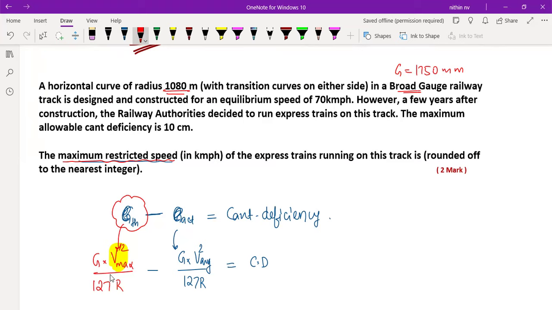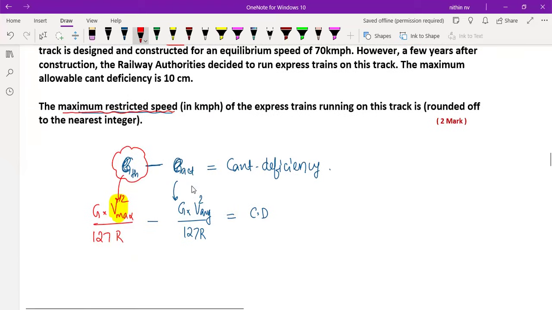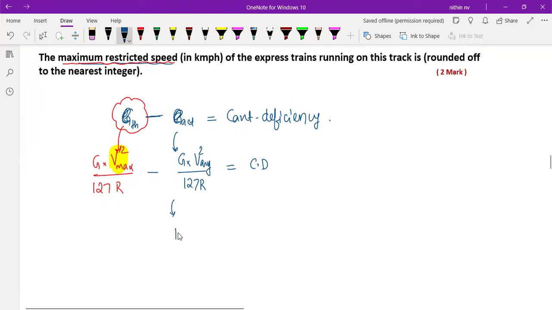Okay. Now coming back to the equation, to calculate the equilibrium superelevation, they have already given the data in the question, so that we can directly substitute and calculate it. First of all, it's going to be 1750 into the speed value 70, so 70 square by 127 into the radius given as 1080, right?